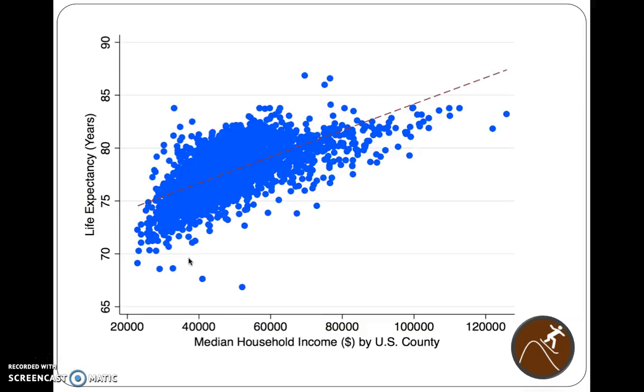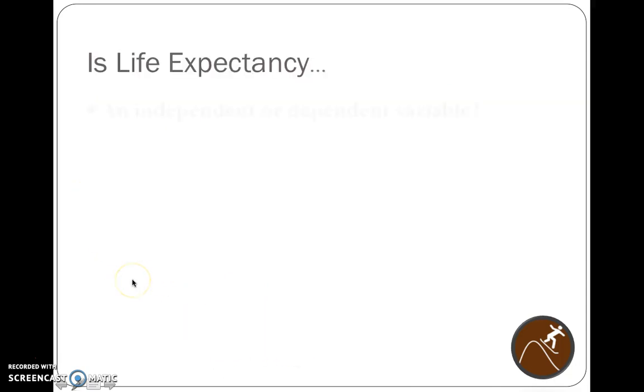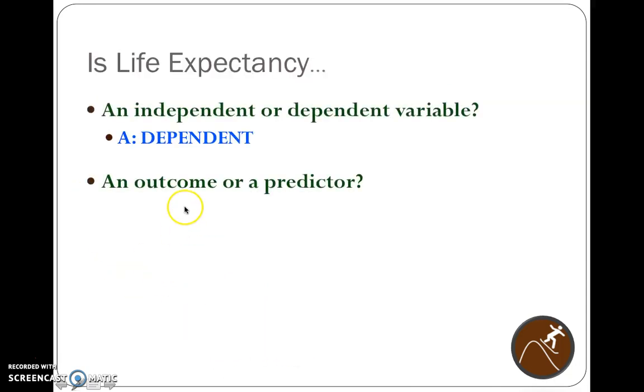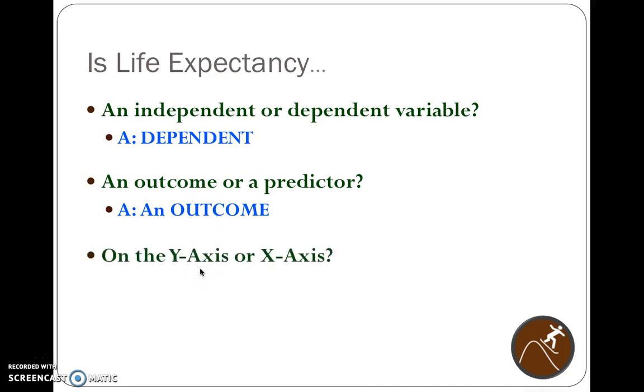Well, let's look at our graph: household income and life expectancy. What's our outcome that we're focusing on? We're focusing on life expectancy as the outcome. And then the money that people make on average, that's the actual predictor.